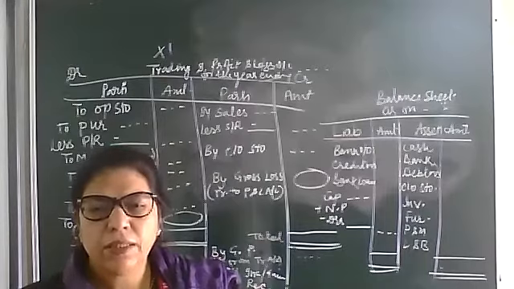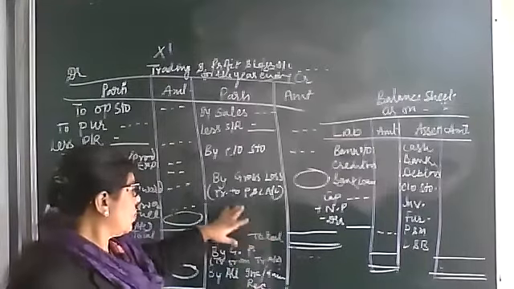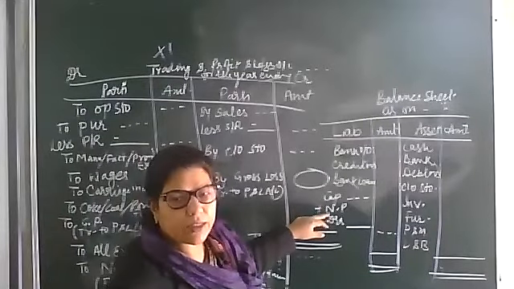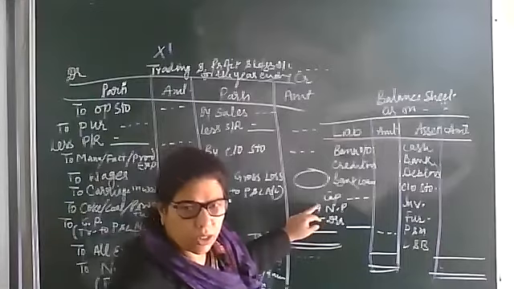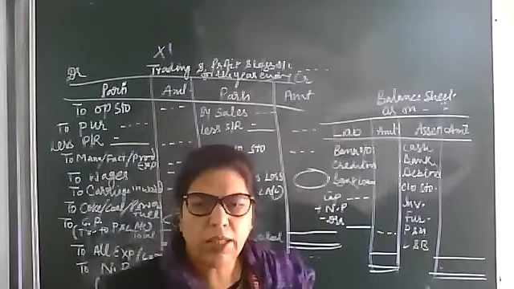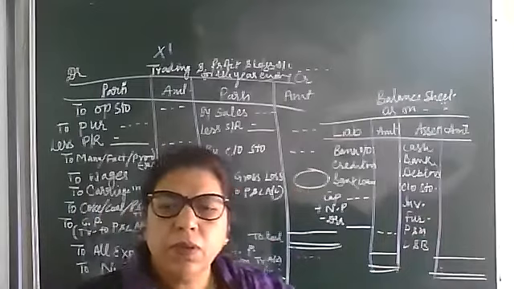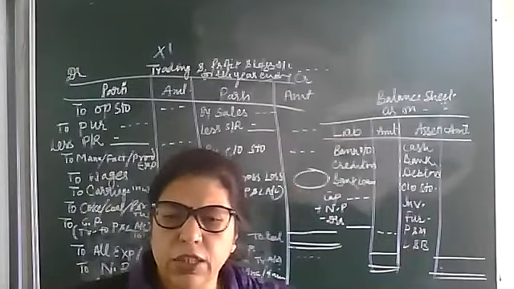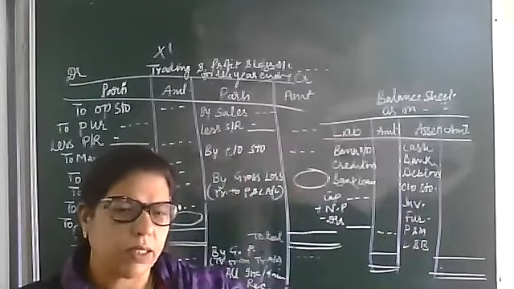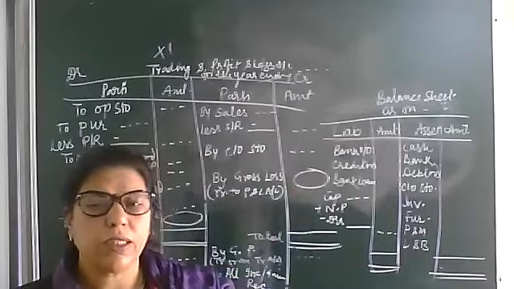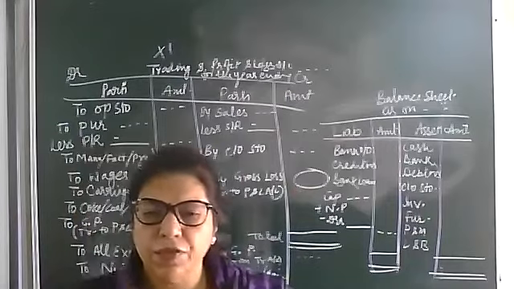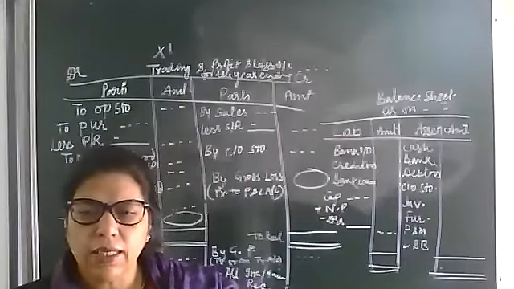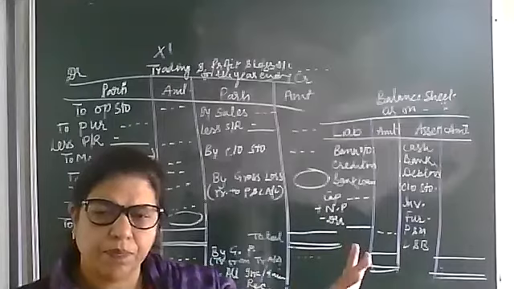Okay? And see, if there is net loss here, then that will also be subtracted. Capital minus drawings minus net loss, clear? All the assets: cash balance, bank balance, debtors, bills receivable, closing stock, current asset, non-current asset, investment, short term, long term, furniture and fixtures, plant and machinery, land and building, all assets to be entered that side.